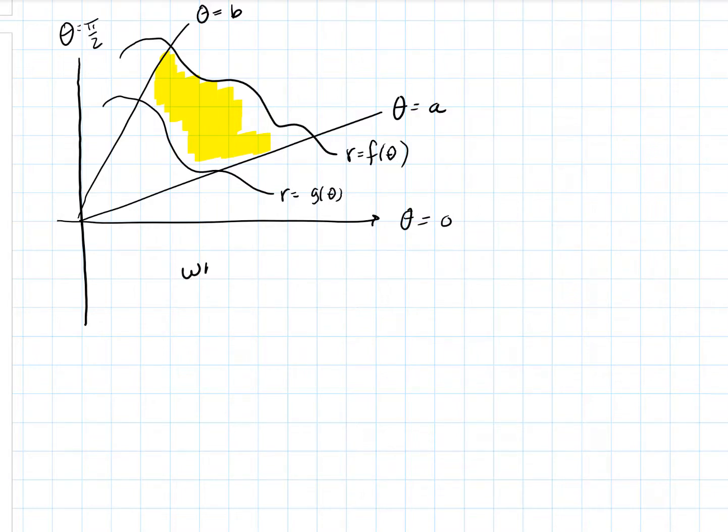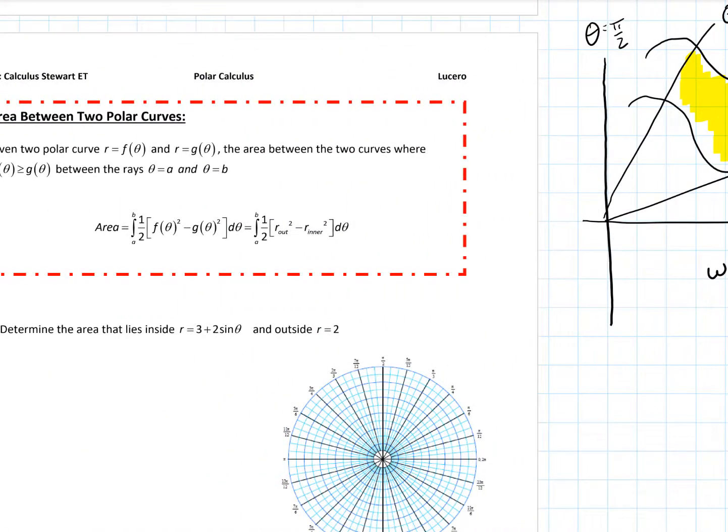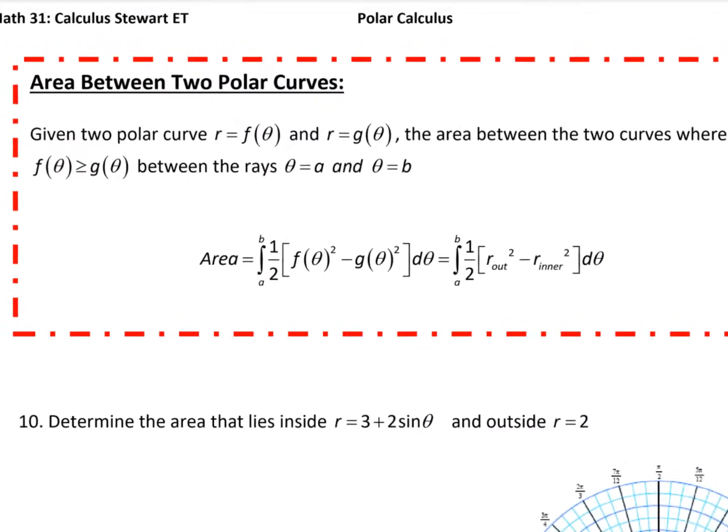This is where f of theta is greater than or equal to g of theta in the scenario that we're looking at here. And so we would just compute the area if we were looking at f of theta, then subtract the area if we were looking at g of theta, pull those together into one integral, and end up with a nice little formula that says this.